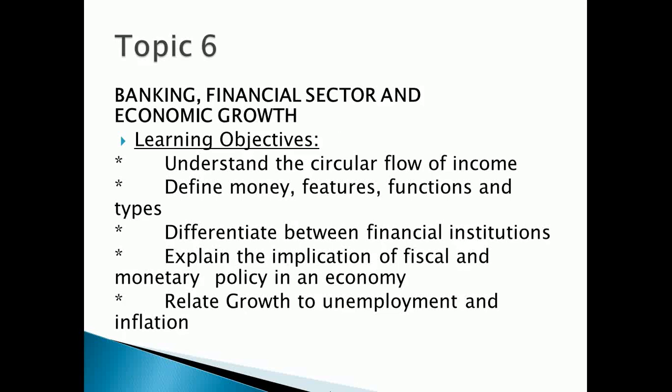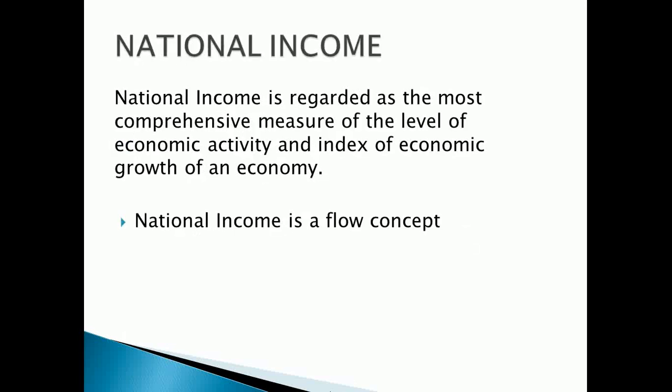Because every business that has land as a factor of production employs labor and buys machinery. So the circular flow model can be divided into a two-sector economy, which is referred to as a closed economy, a three-sector economy, or a four-sector economy, which is referred to as an open economy.